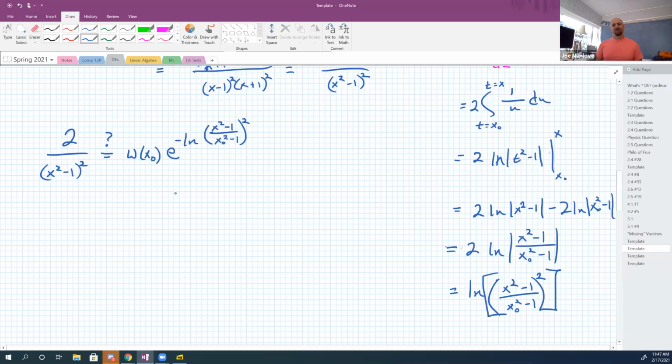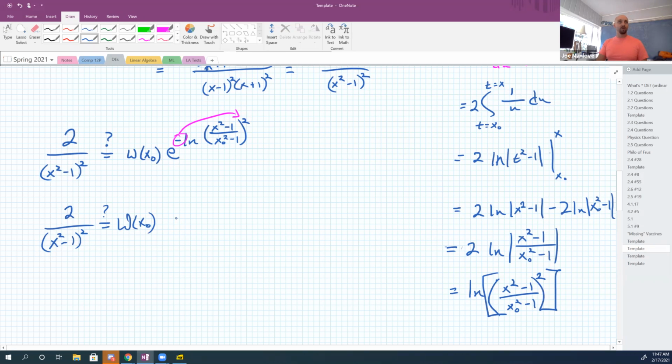You can, first of all, get rid of the e and that log. What do I need there? You need to move the negative to the exponent. Yeah, this negative's got to go up in the exponent there. So I should end up wondering, is 2 over x squared minus 1 squared equal to W at x naught times, let's see, so the e and the natural log cancel out.